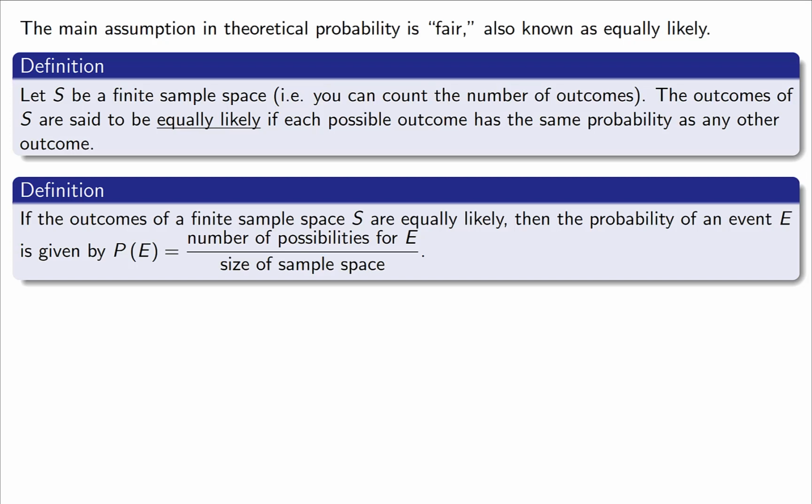Now if we have equally likely, then we have this formula. The probability of the event is the number of possibilities for E over the size of the sample space. Let me give you a little notation we often use for that: N(E) over N(S). The N simply means the number of. So the number of things in the event over the number of things in the sample space.